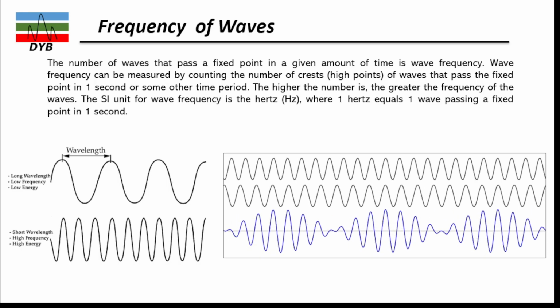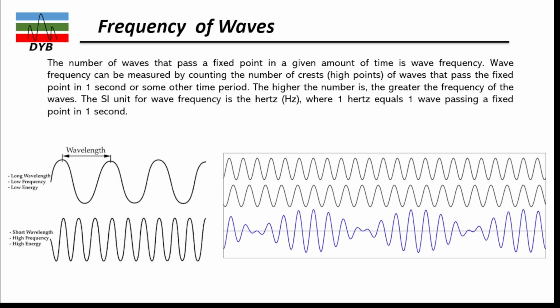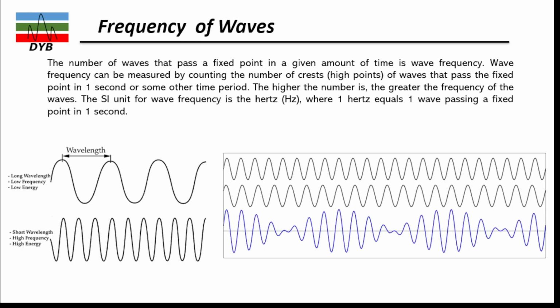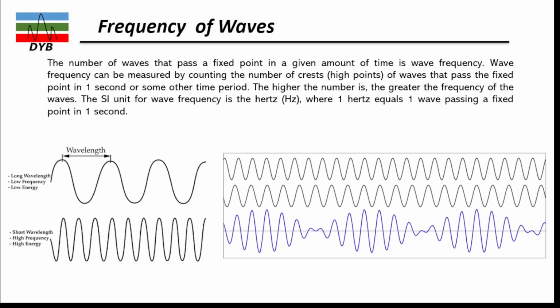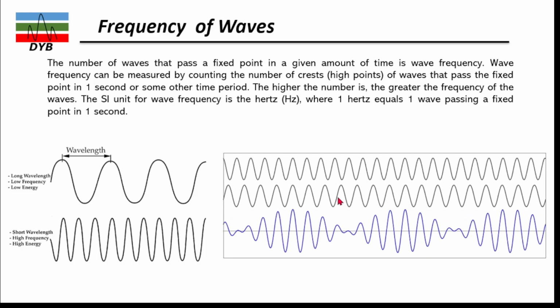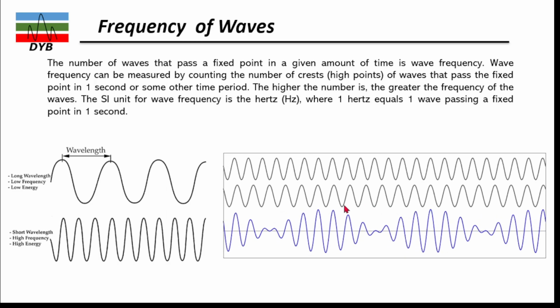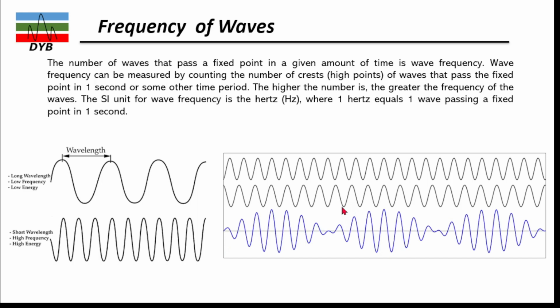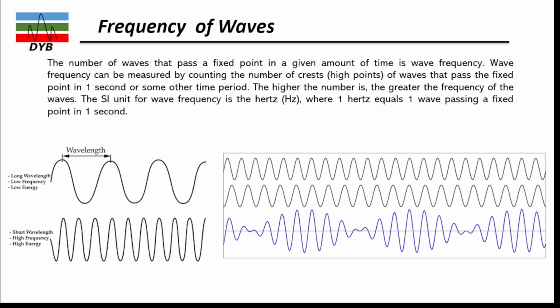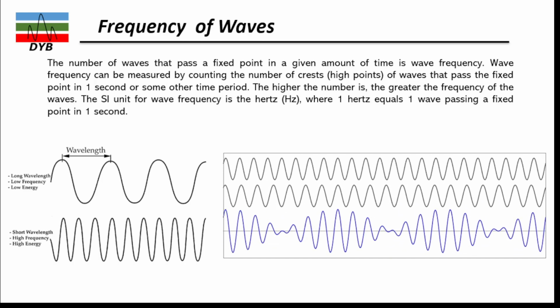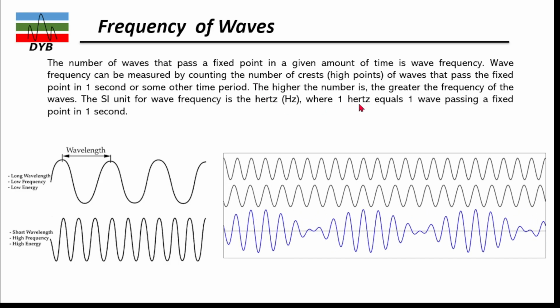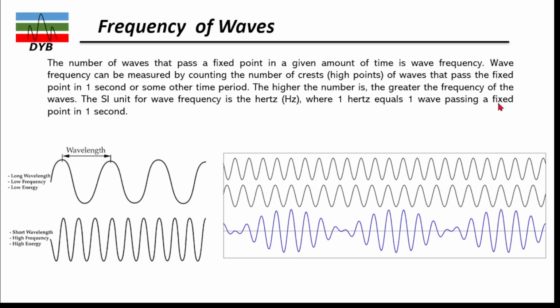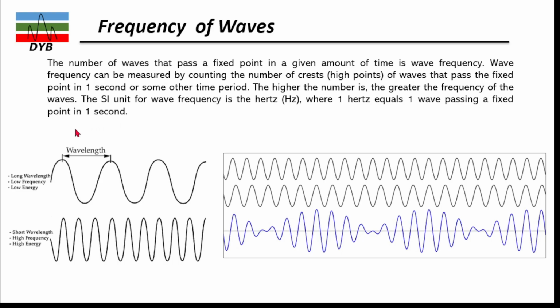Let's say you are given 10 seconds; then you can divide by 10 seconds rather than 1 second. The higher the number, the greater the frequency. In the SI (International System) unit, the wave frequency is represented as hertz, Hz, where 1 hertz is equal to one wave passing a fixed point in a second.